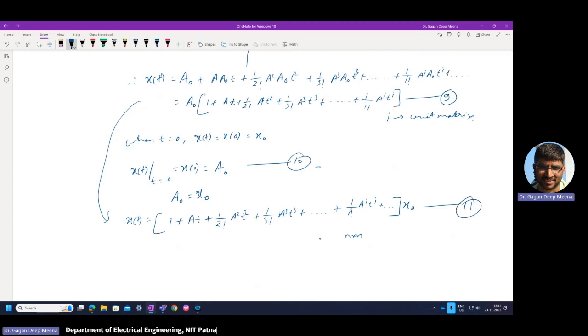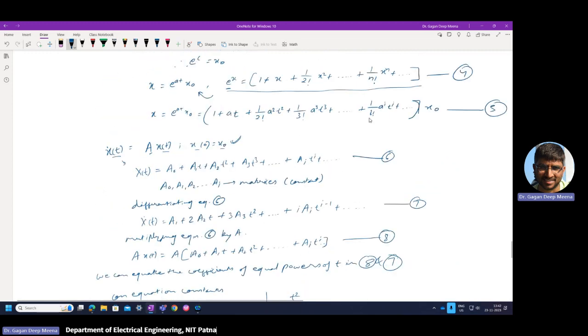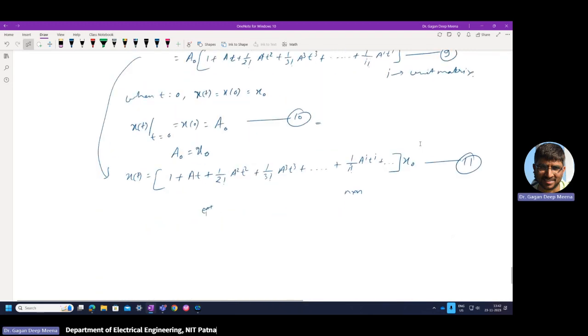And because of the similarity of the entity inside the bracket with the scalar exponential e to the power at, which we have seen earlier in equation number 5, that's the scalar exponential. We have seen that already.